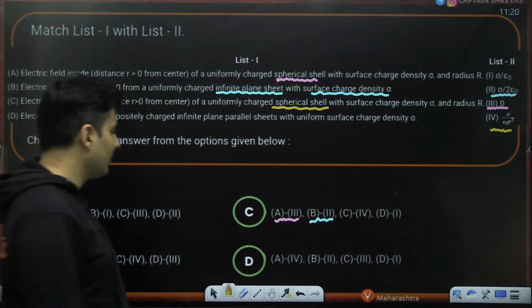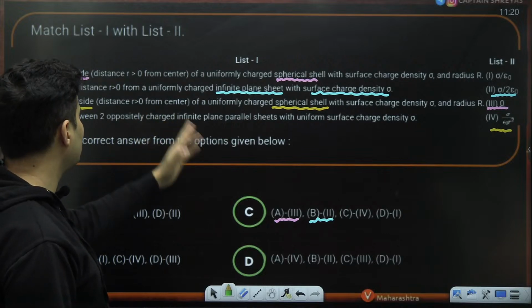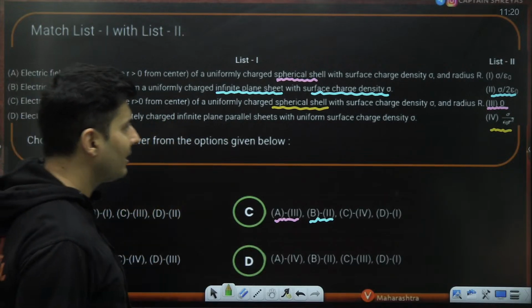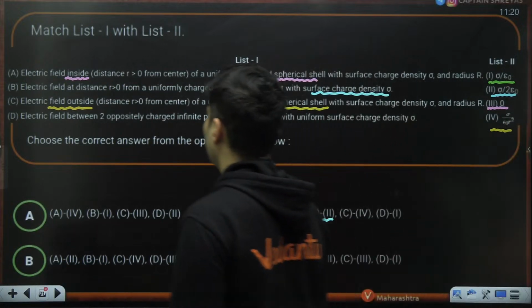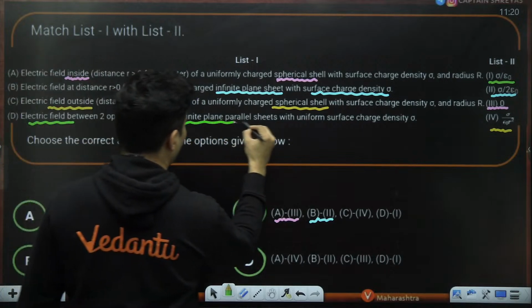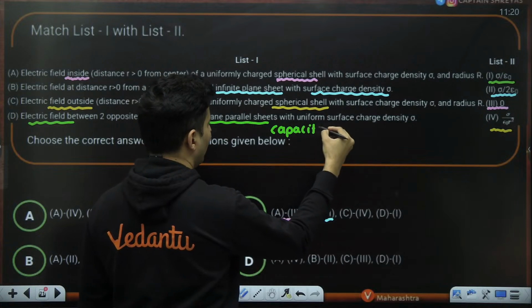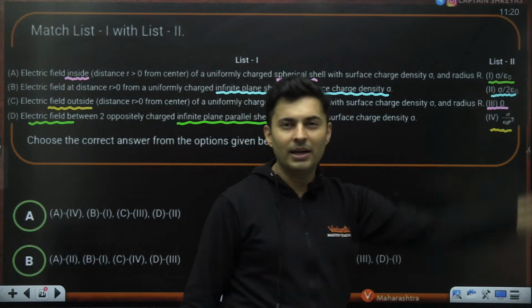And the last one, the field between two oppositely charged infinite plane parallel sheets with uniform surface charge density, that is going to be your sigma by epsilon naught. This is like your capacitor. Between the plates of a capacitor, the field is sigma by epsilon naught.